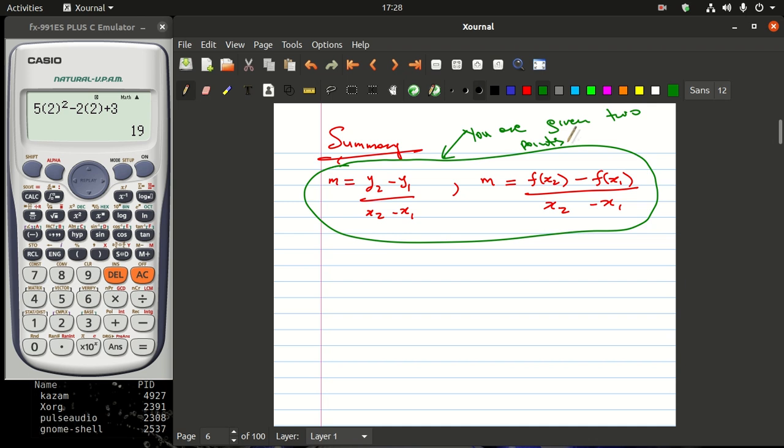It's either you are given here, if you are given 2 points on the graph, like the coordinates, you use this. If you are given x1 and x2 and the function, you can always plug in this value here and get the output, plug in the value here, get the output, and have 2 points. So you use this or that if you are given 2 points. This one is when you are given two x's, but the y's are not given.